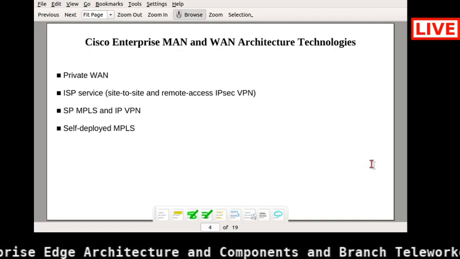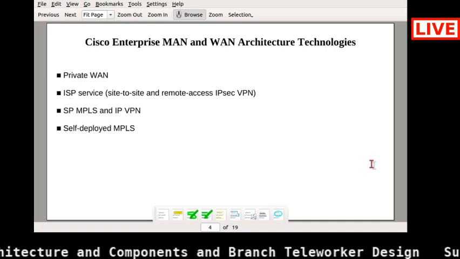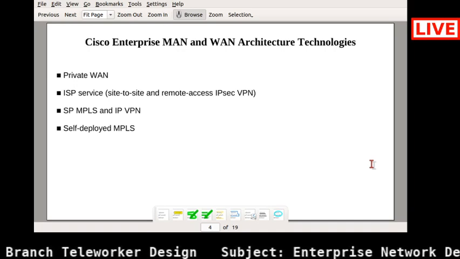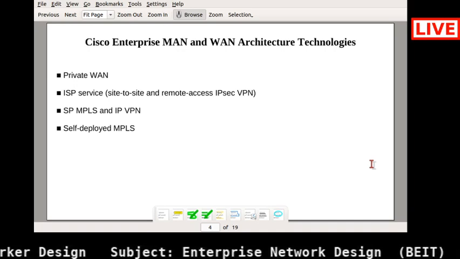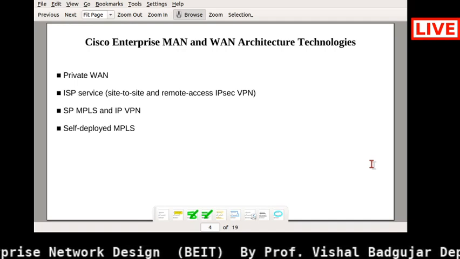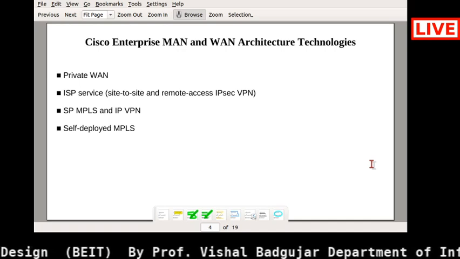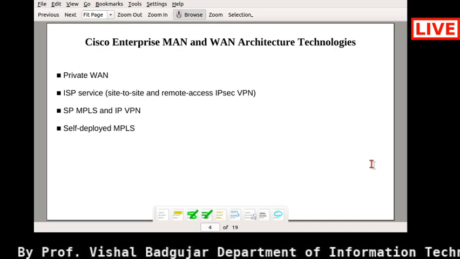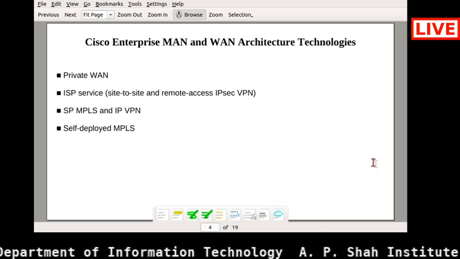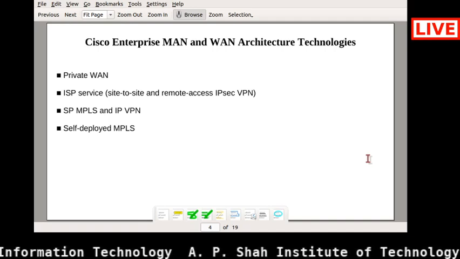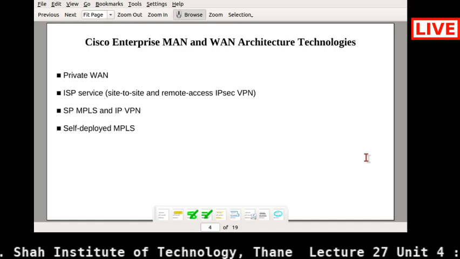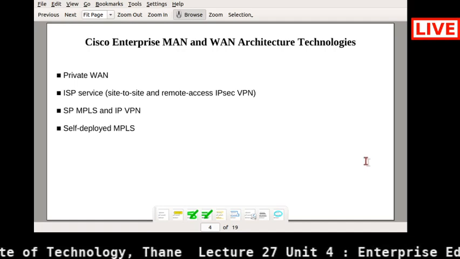If you are talking about MPLS enabled, with any branch-to-branch connection, you can use this for voice and video traffic, these QoS parameters, and whatever the needs of that particular enterprise are.